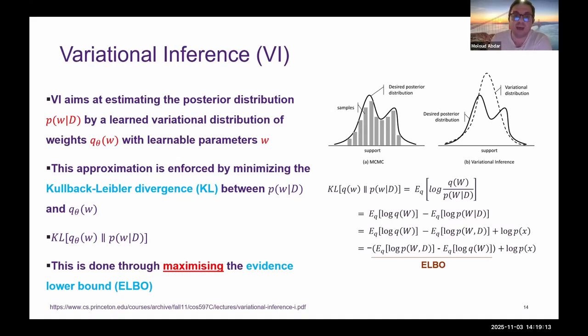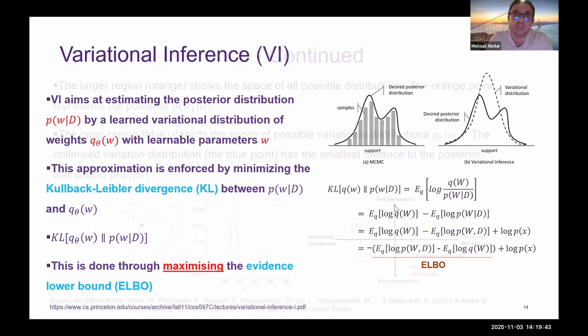This approximation is enforced by minimizing the KL divergence between the variational distribution q(w|θ) and the priors. This is done through maximizing the evidence lower bound, which we call ELBO. Here I showed the equation.